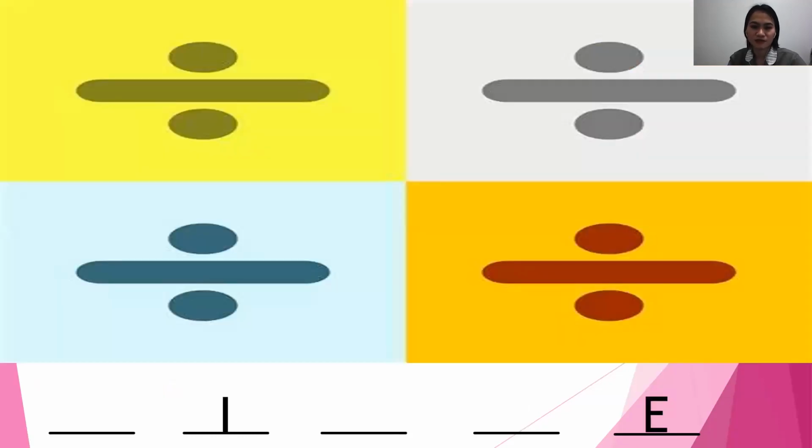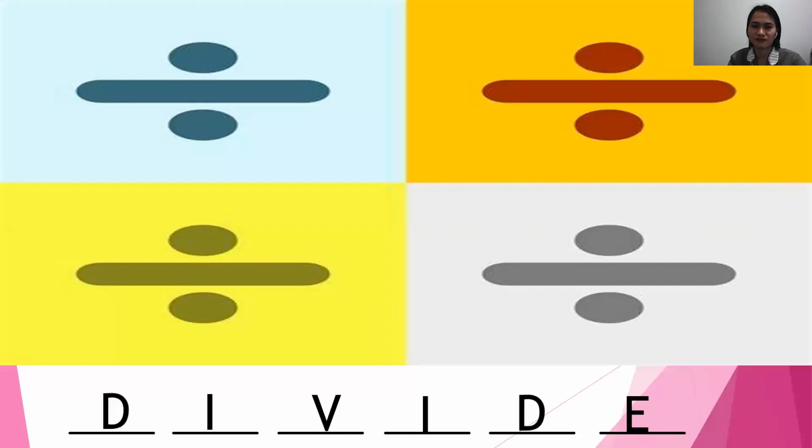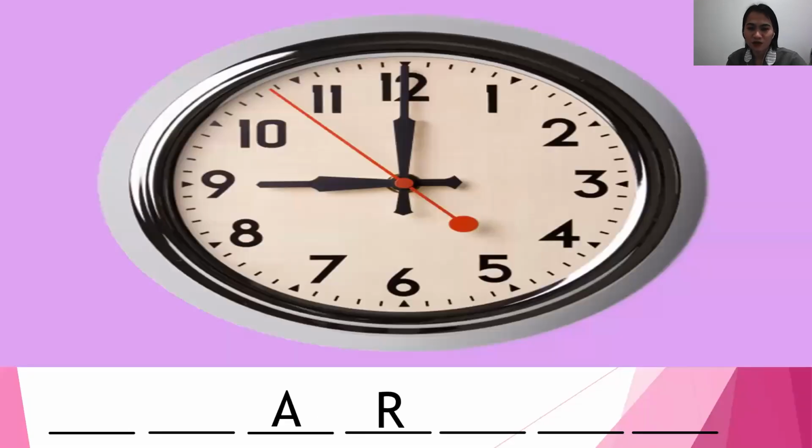Next. Divide. Last. Quarter. Do you think those words are connected to each other? Yes, very good. Those words are connected to each other, and we will tackle it later.